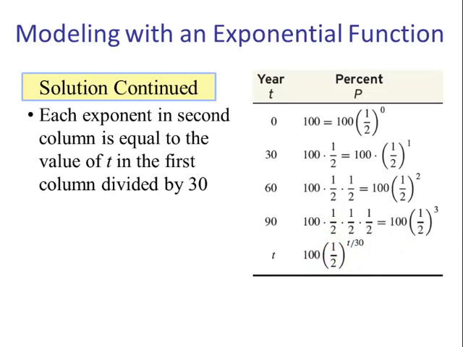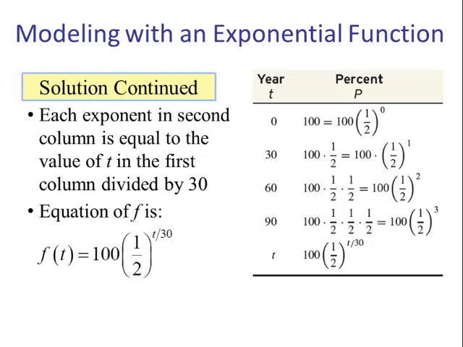Each exponent in the second column is equal to the value of T in the first column divided by 30. So the equation of F is F of T equals 100 times 1/2 to the T divided by 30 power.